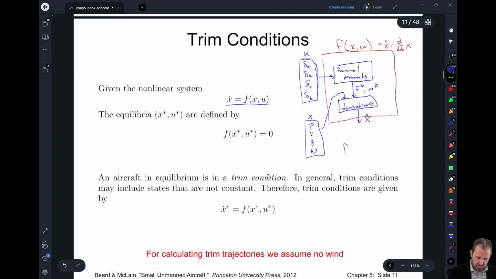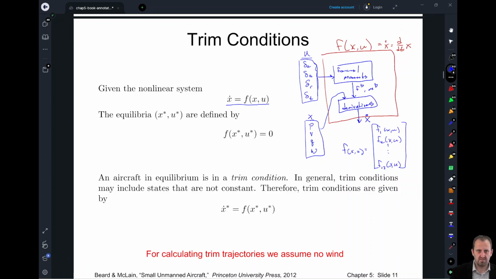When I say significant number, I mean that f of x, u was equal to f1 of x, u, which is a scalar function, and f2, another scalar function, all the way down to f12, or f13 if we're using quaternions. So we have this function f, which defines the dynamics of our system, how our system is evolving over time.